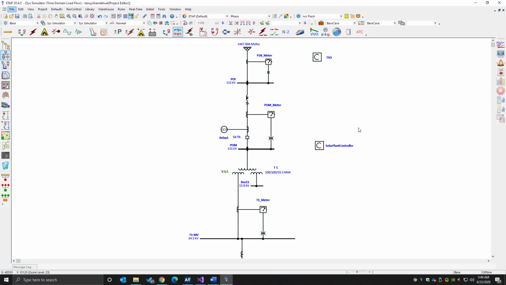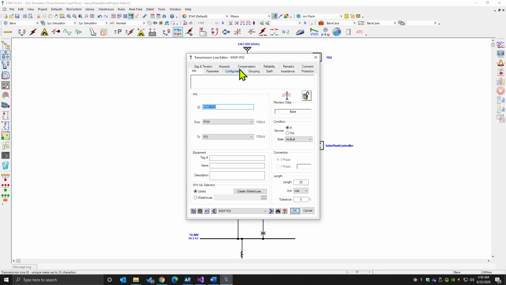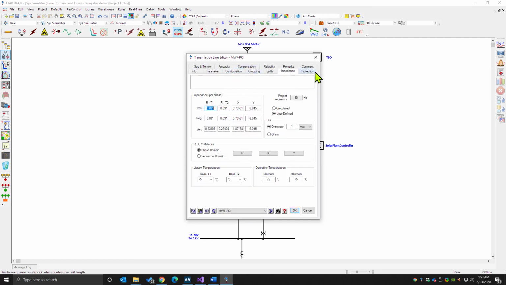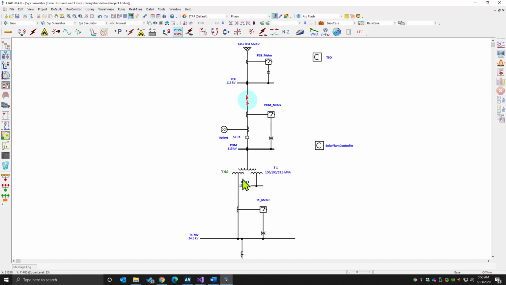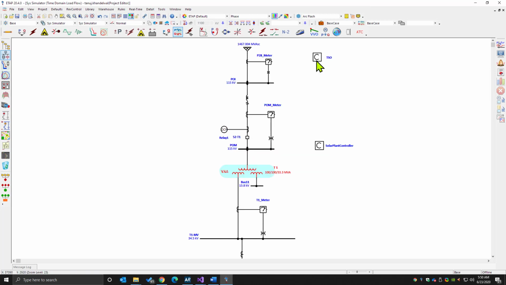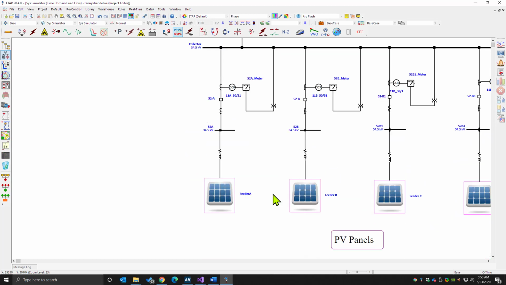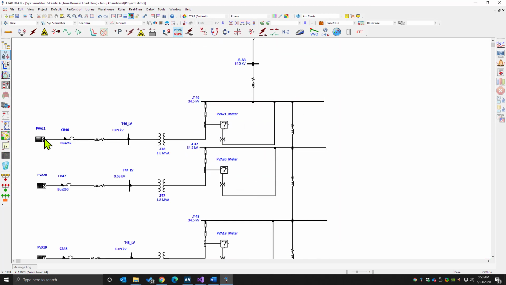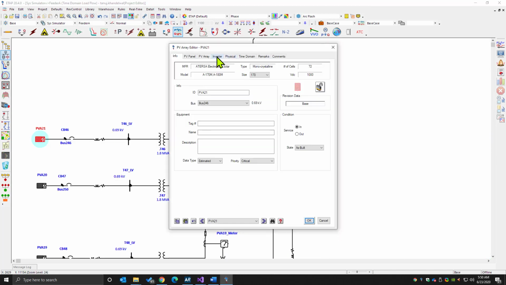To illustrate this, let's switch back to our one-line diagram where we can see that we have included all the impedances of the electrical system, including the cabling, the transformers, and so on and so forth, as well as the ability to include time series data for various photovoltaic panels.